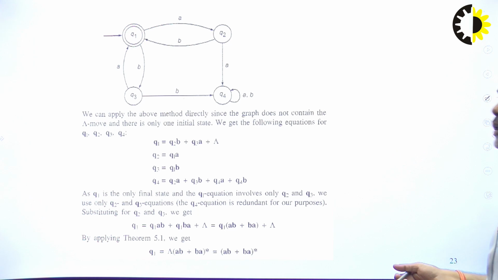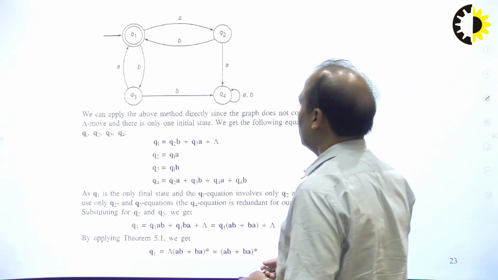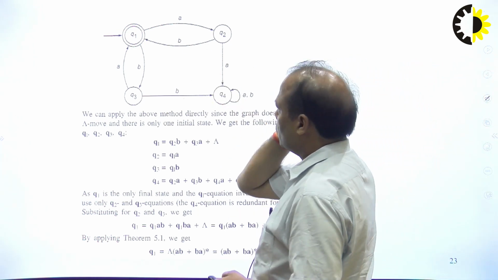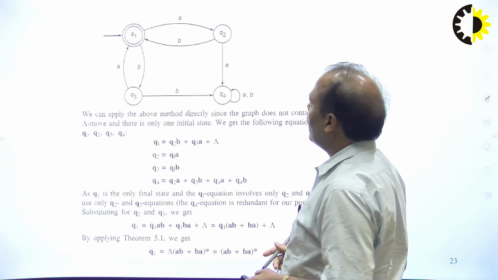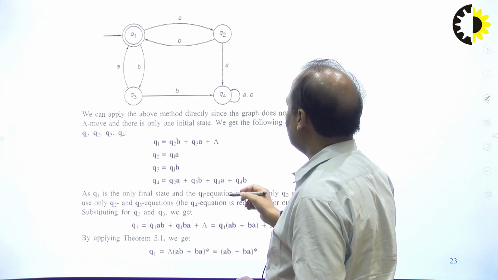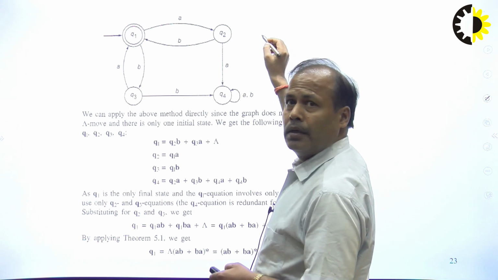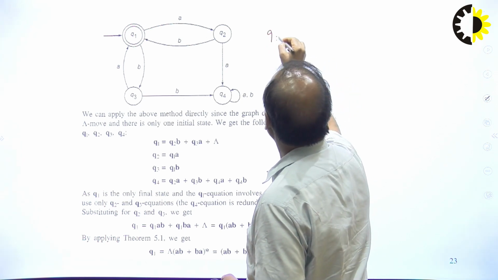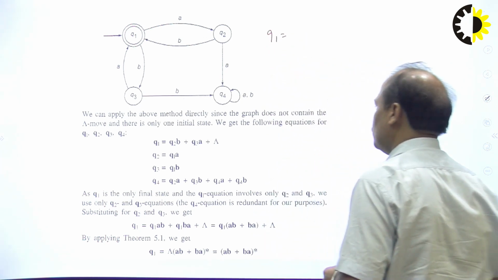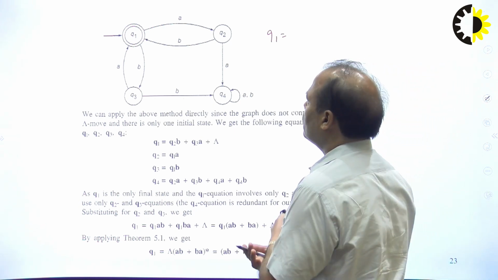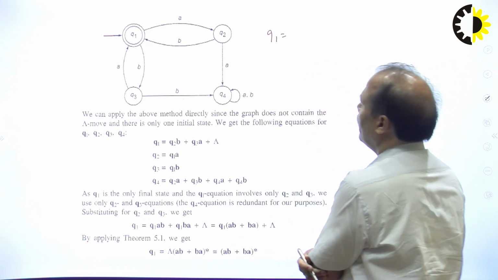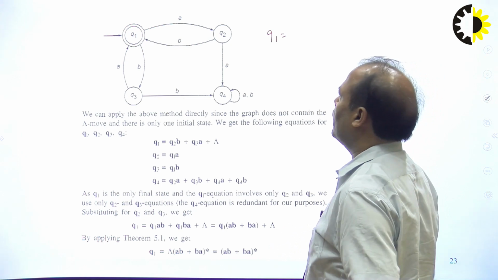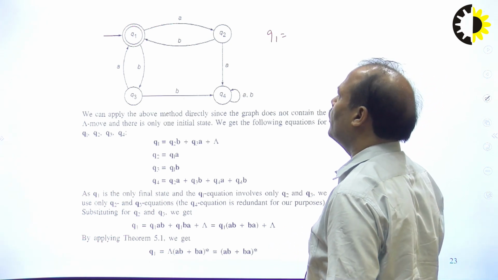Let's have another example. You can see here, we have 4 states. So if you start by writing this, q1 is... 4 equations you need to get, since we have 4 states, right? But since q1 is the only final state, you have to solve only for q1.